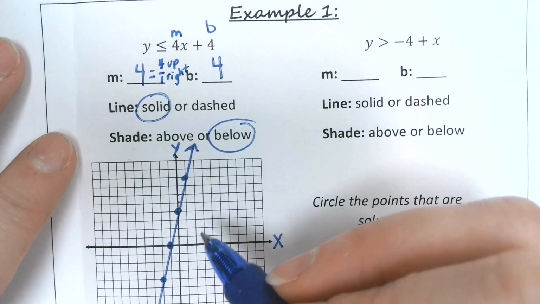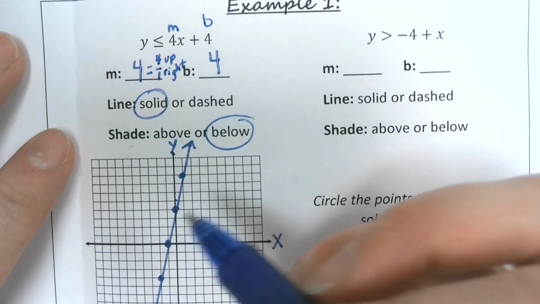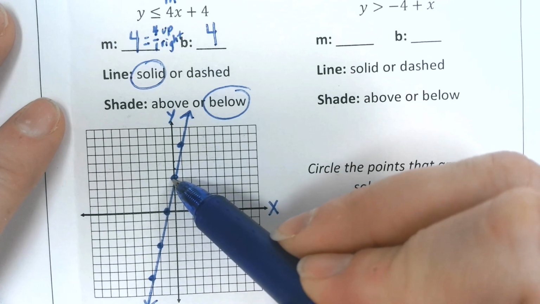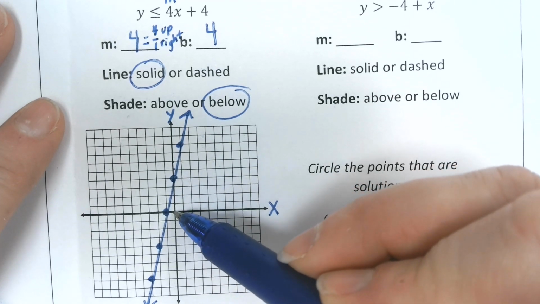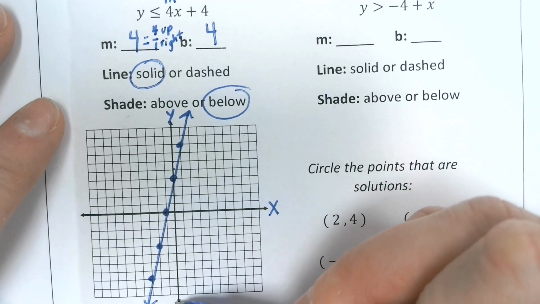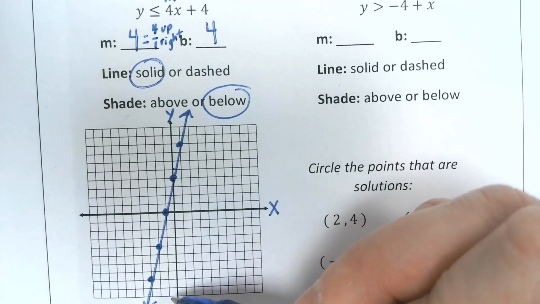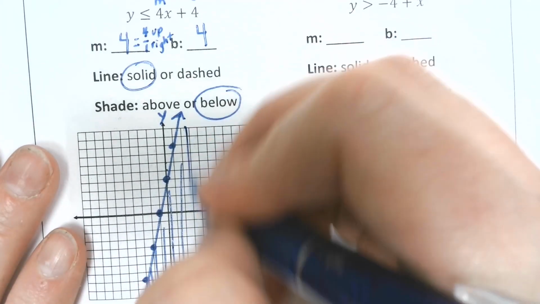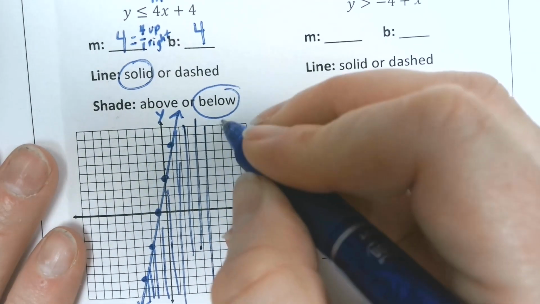So the best way to know which way is below is go to your y-intercept and then go below it on the y-axis. That would be anywhere down here. You're going to shade. So because we want to be able to see our double shading, only shade in one direction for each line. So I'm going to shade like this.